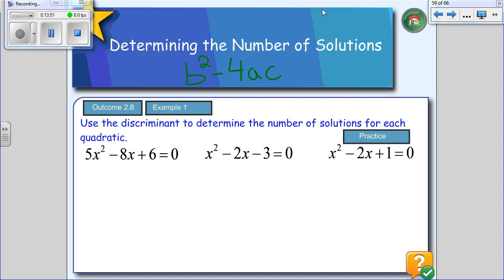This is what general form looks like. So my suggestion to you is if you're trying to calculate the discriminant, you make sure you know what a, b, and c are. In this question, a equals 5, b equals negative 8, c equals positive 6.